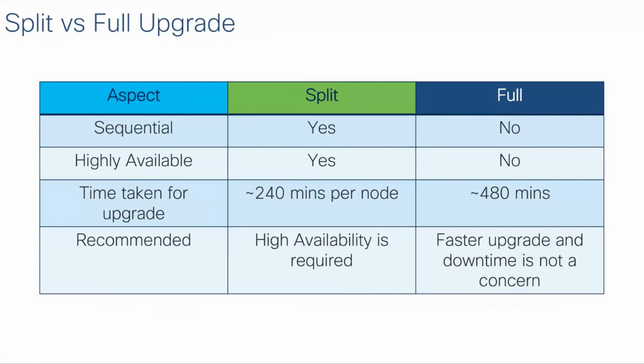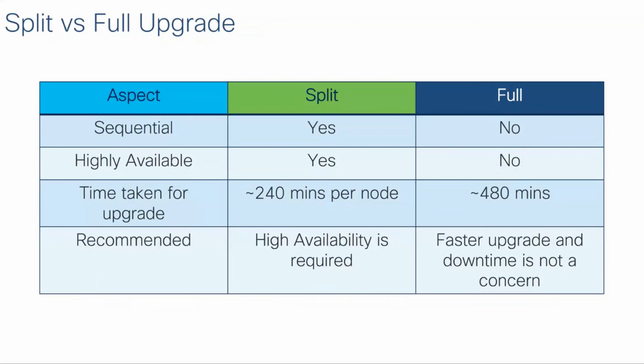The time taken for the upgrade in split increases per sequence, and it takes its own time to upgrade your entire deployment to 3.1. Whereas the full upgrade process is much shorter than the split upgrade because it involves only a two-step process, and it is a lot quicker than the split.